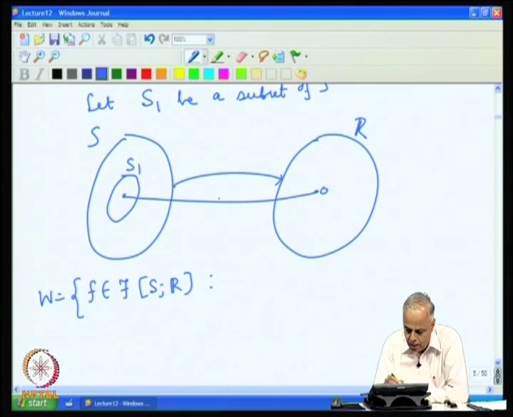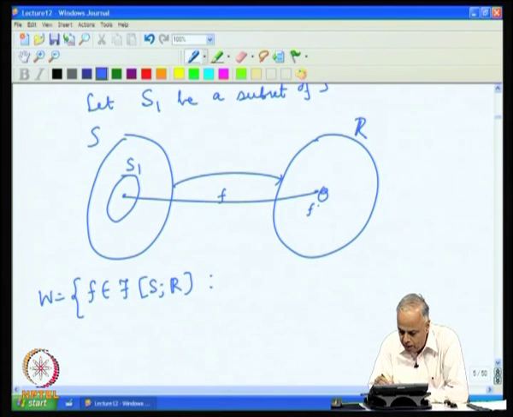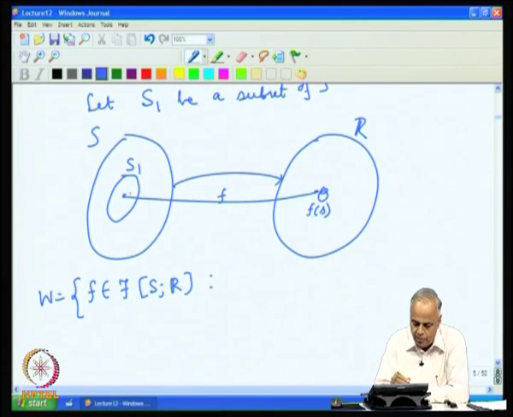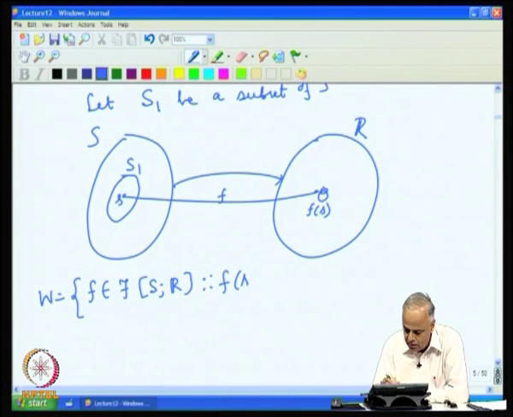So, we are looking at all those functions F such that F of S is 0 for every S in S 1.